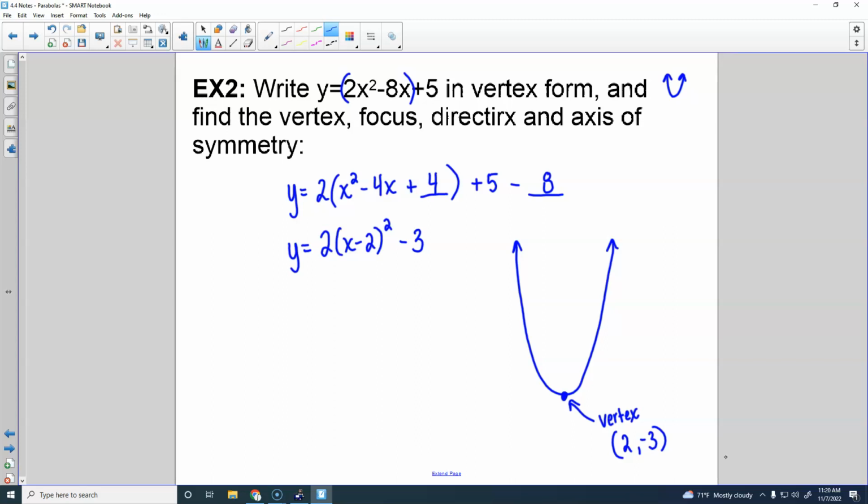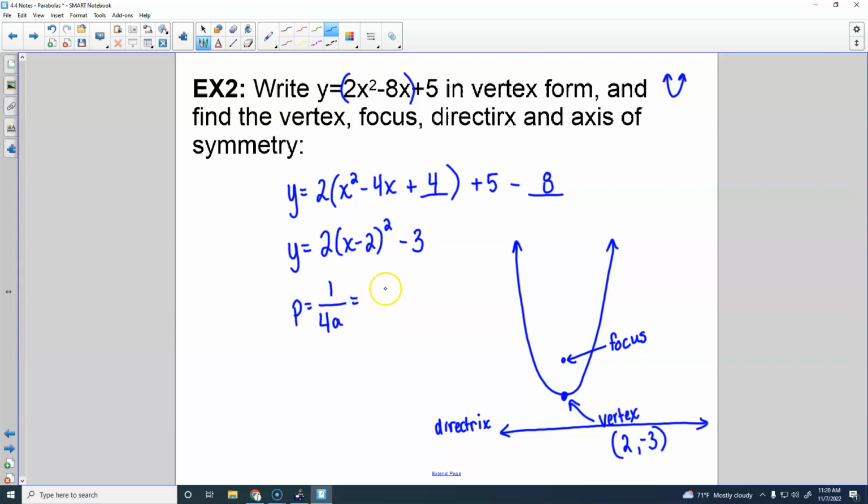So, in order to find our focus, which is here, and our directrix, which is here, we have to have that focal length, which is P equals 1 over 4A.